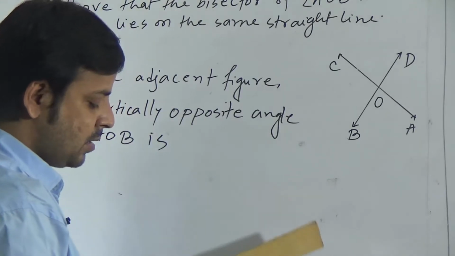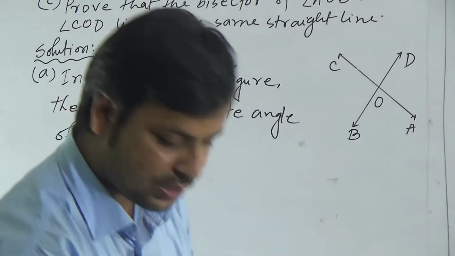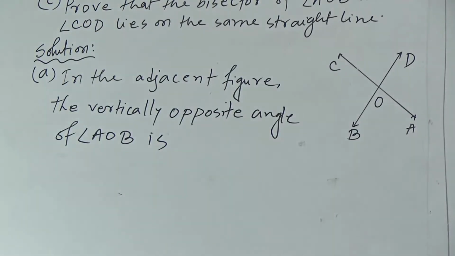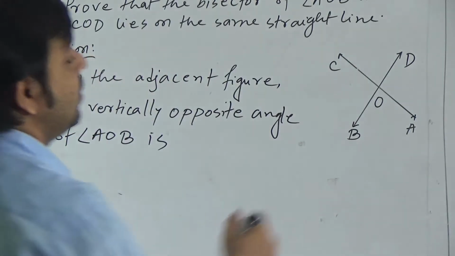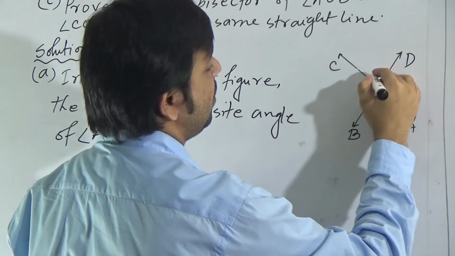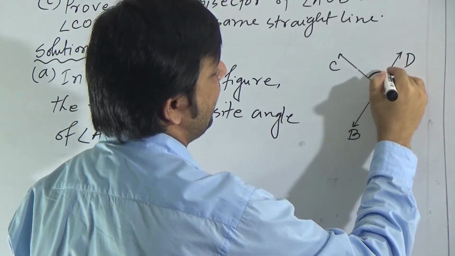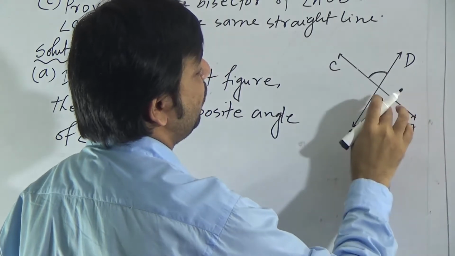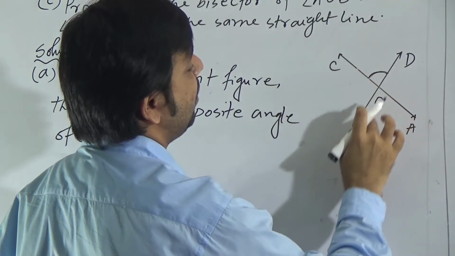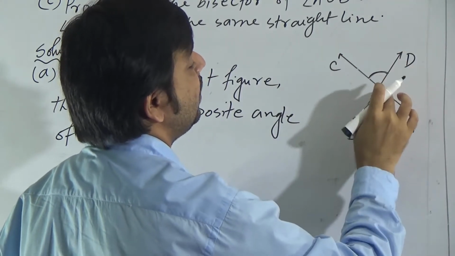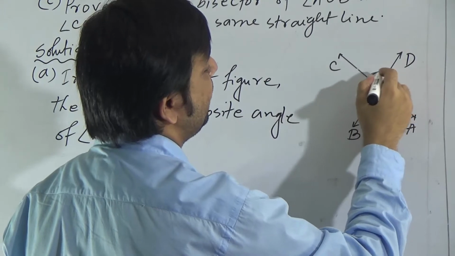Dear students, you know, according to the definition of vertically opposite angle, the opposite rays of the sides of the given angle, it means opposite ray of OA is OC, opposite ray of OB is OD. These two opposite rays produce an angle.